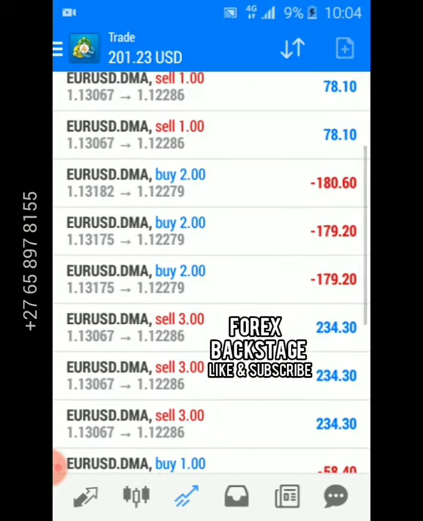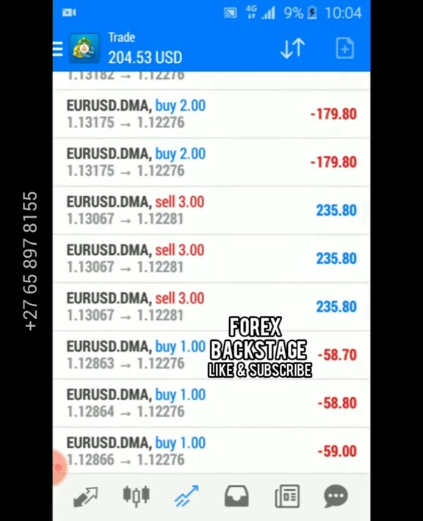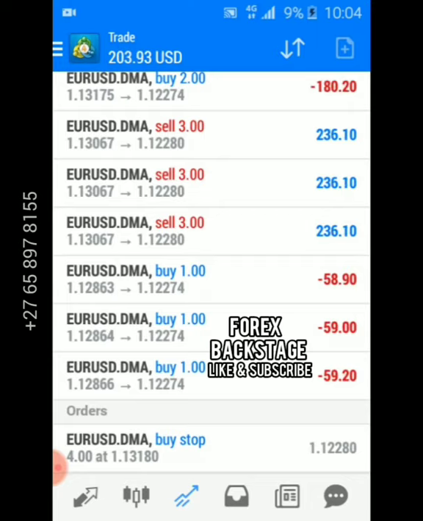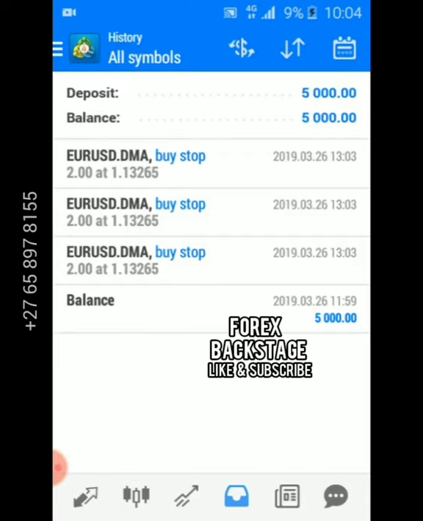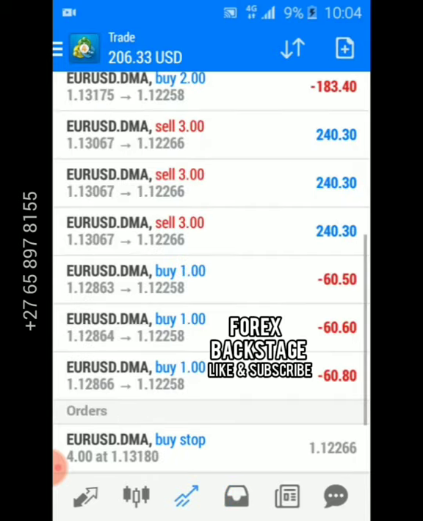All the trades that are going to be closed here are going to play the role of the first trades that have been executed, and they're also going to be recorded somewhere here. This is where all the history is going to come. So far, the account has been deposited with 5,000, so the balance is 5,000. So therefore, here we go.